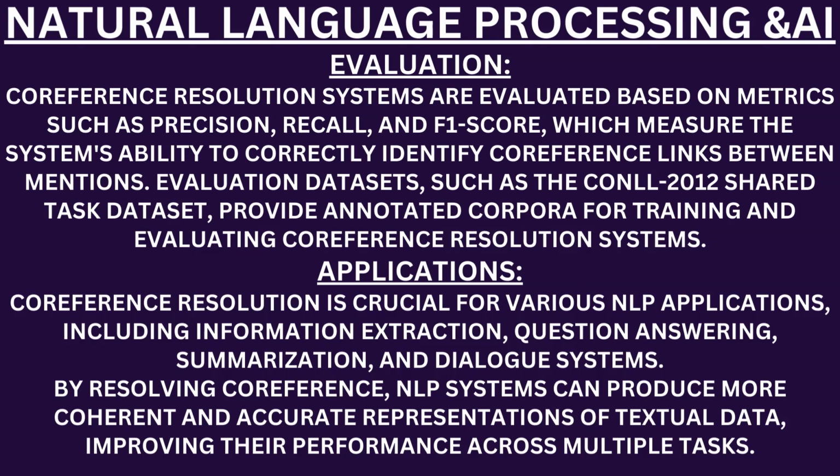Applications. Co-reference resolution is crucial for various NLP applications, including information extraction, question answering, summarization, and dialogue systems. By resolving co-reference, natural language processing systems can produce more coherent and accurate representations of textual data, improving their performance across multiple tasks.